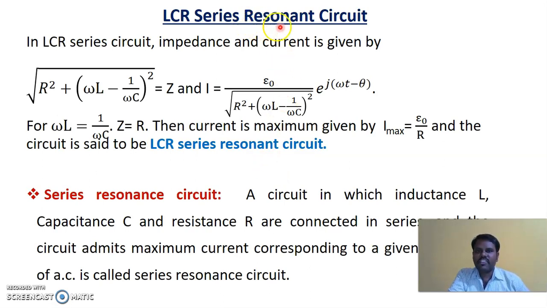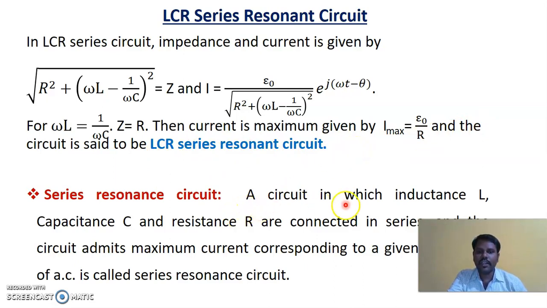LCR series resonance circuit. We know that Z is equal to square root of R square plus (omega L minus 1 over omega C) whole square. For omega L is equal to 1 over omega C, Z is equal to R. Then the current is maximum, which is given by I max is equal to epsilon over R, and the circuit is said to be an LCR series resonant circuit.